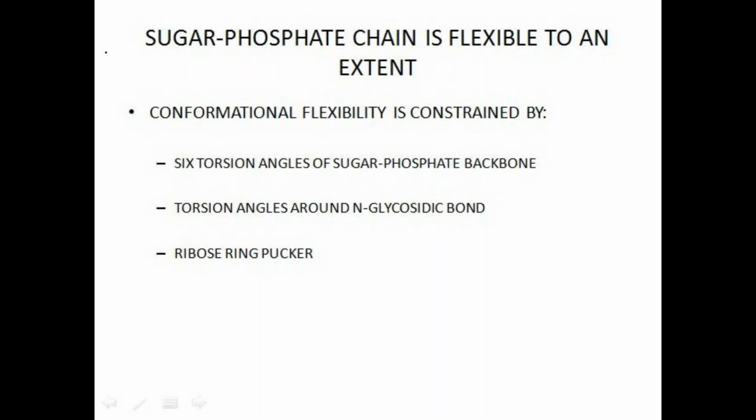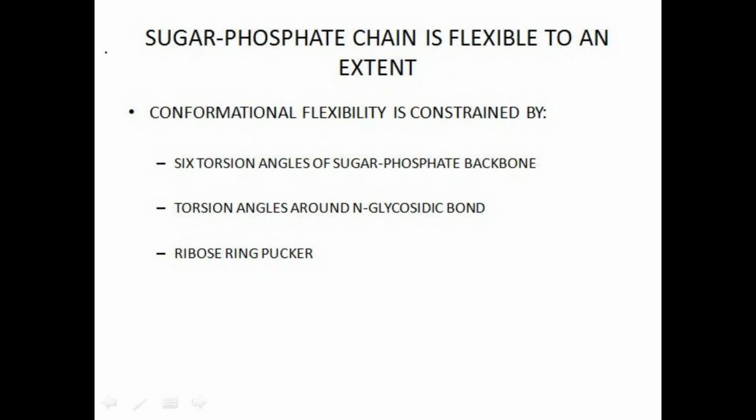And the sugar phosphate backbone consists of different types of bonds. For example, the phosphate group is present, and in the sugar, the oxygen is mainly responsible. That means the oxygen at the 5 prime end is binding with the phosphate group, and that is causing the bond.